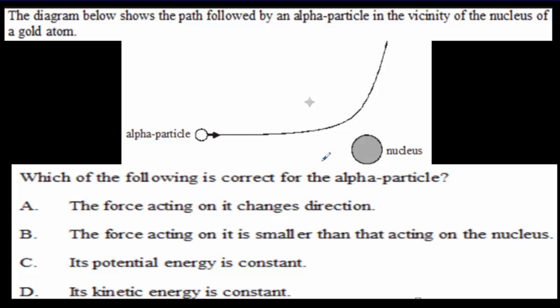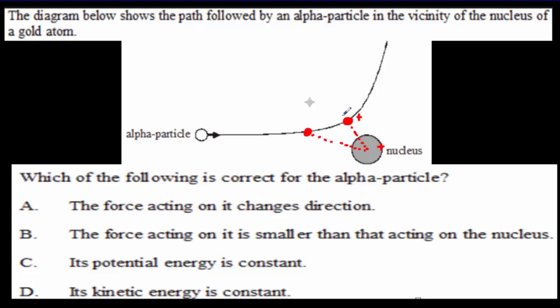Okay, pause the video, try the question, come back for the answer. So let's look at the alpha particle at a couple of positions here. We'll take it right here where it's as close as possible to the nucleus, and maybe back here where it's a little farther away. There'll be a force of repulsion between those 2 positive charges, and it's got to be right along the line connecting the centers of the 2 charges.